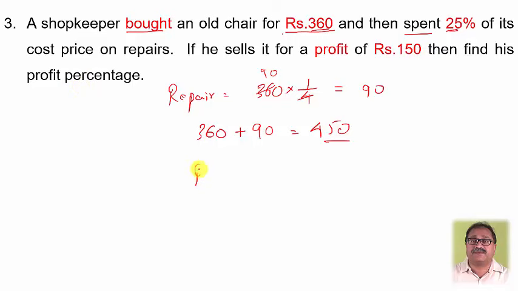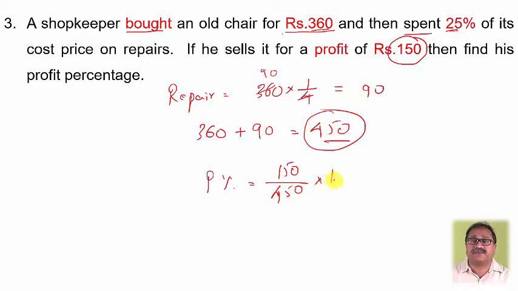We know the profit percentage is equal to profit by cost price into 100. We are aware of it. So let's put the values over here. The profit percentage is equal to profit, which is 150, by cost price, which is 450, into 100.